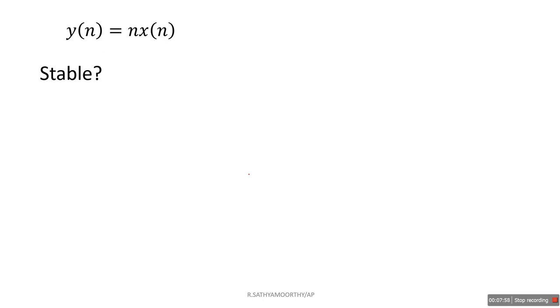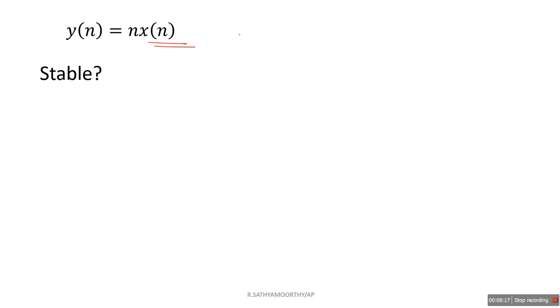Last one, we have to check whether it is stable or not. When we test the stability of the system, we substitute a bounded input for x of n. What is a bounded input? You can refer to my previous videos.